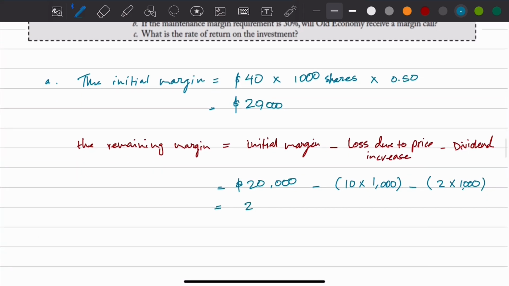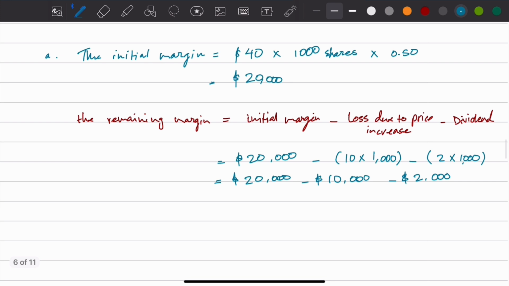So that is going to be 20,000 minus $10,000 minus $2,000. Okay, and that would be $8,000. All right, so that is the first requirement. The remaining margin in the account is $8,000.